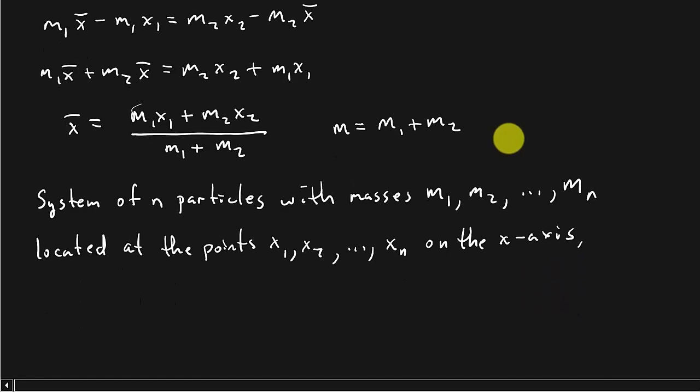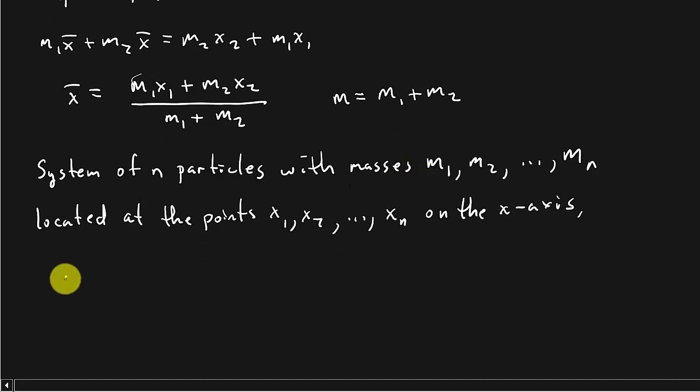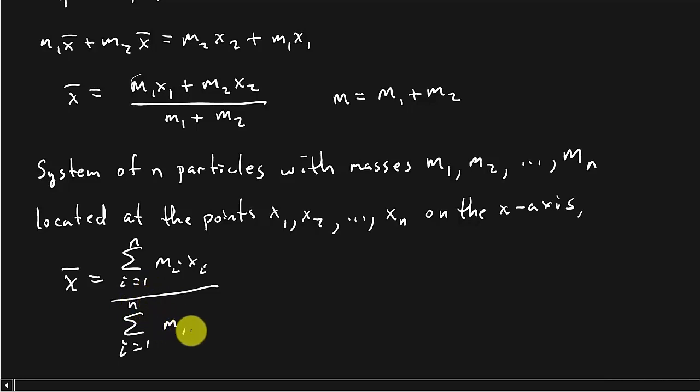It can be shown similarly that the center of mass of the system is located at x bar equal to the sum of i equals 1 to n of m sub i times x sub i over the sum of i equals 1 to n of m sub i, which is just the sum of i equals 1 to n of m sub i times x sub i divided by m.